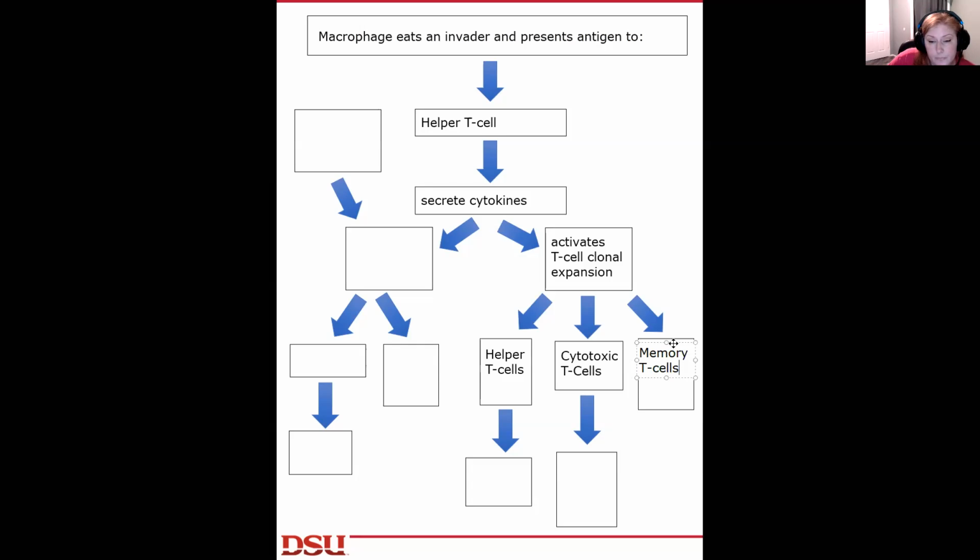Helper T cells, hey look, it's going to start the process over again because it's going to secrete cytokines, because sidekick T's secrete cytokines. There you go.